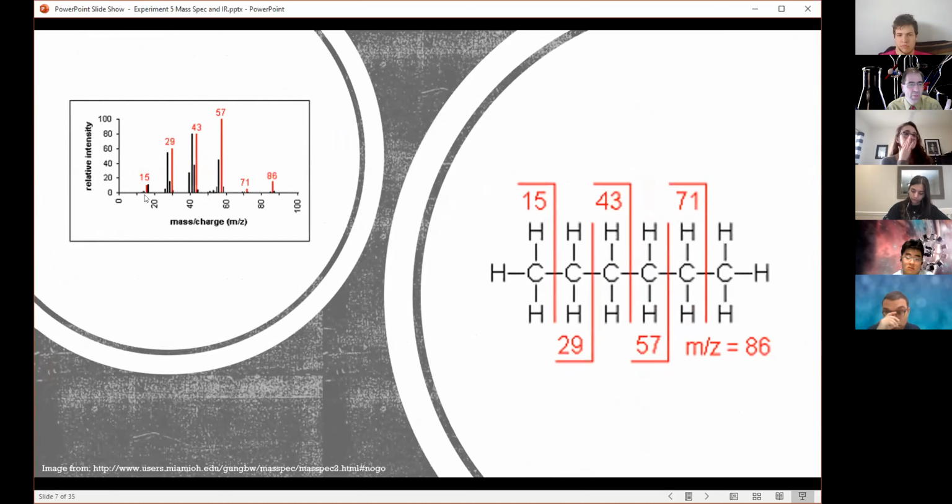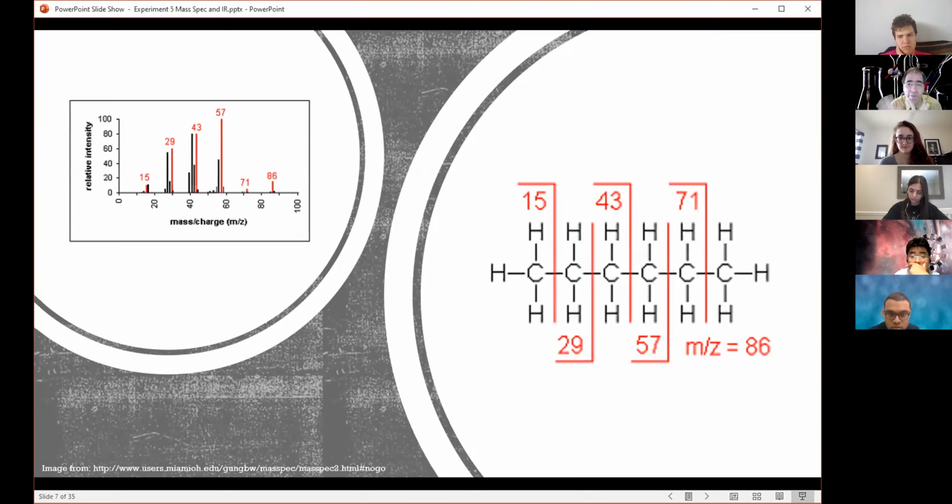Well, there's our 71 and there's our 15. But if you break here between carbons 4 and 5, you're going to get a fragment that weighs 57, and then a fragment that weighs 29. Okay, there's our 57 and 29. So you can see where the molecule has broken, and those pieces, how they would fit back together to make our full hexane.